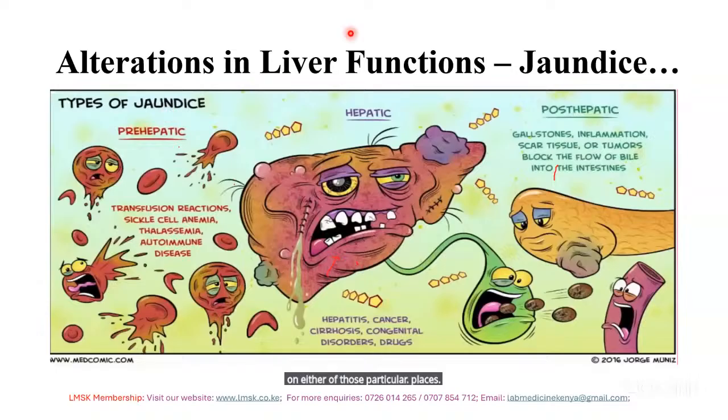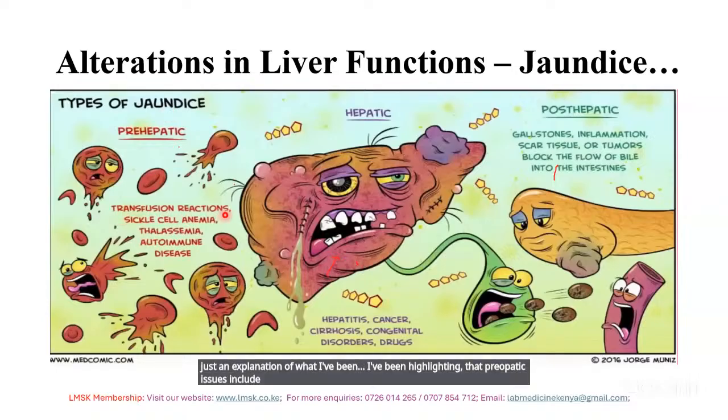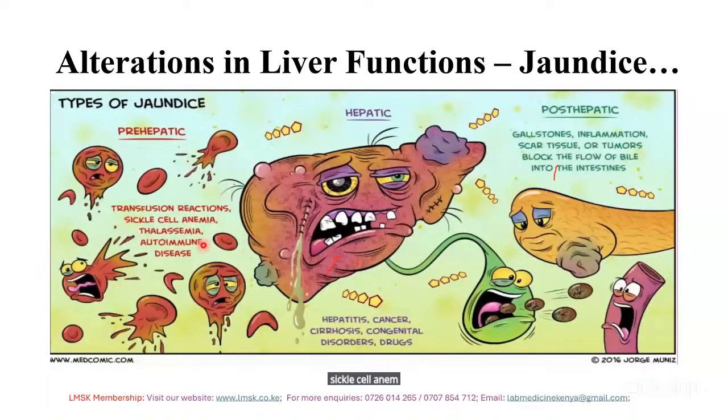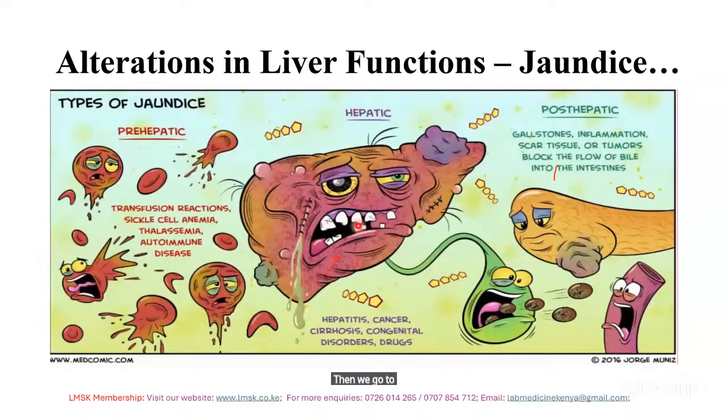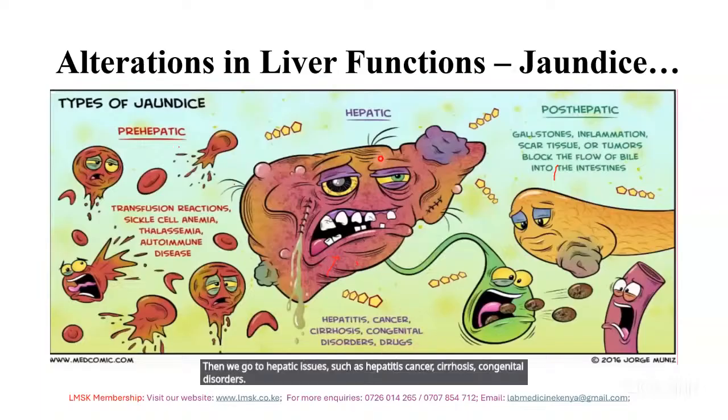Just an explanation of what I've been highlighting: prehepatic issues include such things as transfusion reactions, which lead to hemolysis, sickle cell anemia, thalassemia, and autoimmune diseases that increase hemolysis, and you'll be able to get a lot of indirect bilirubin here. Then we go to hepatic issues such as hepatitis, cancer, cirrhosis, congenital disorders, and drugs that are affecting the liver.